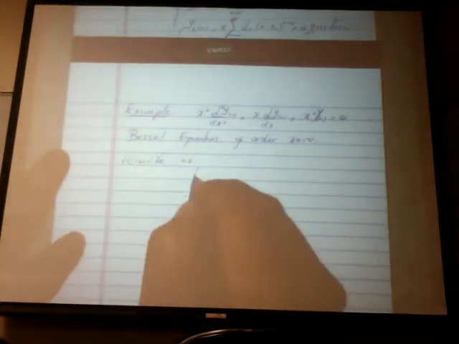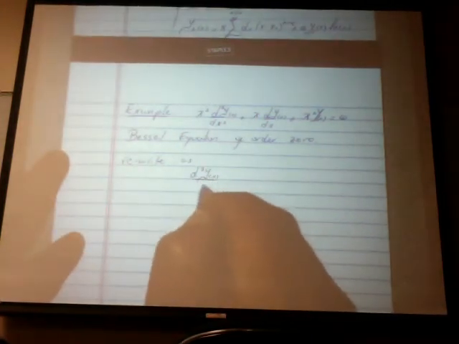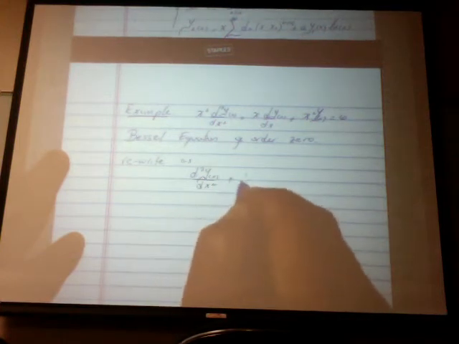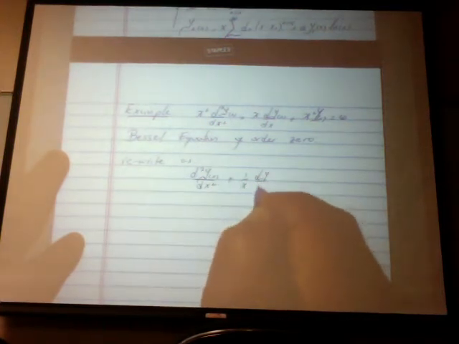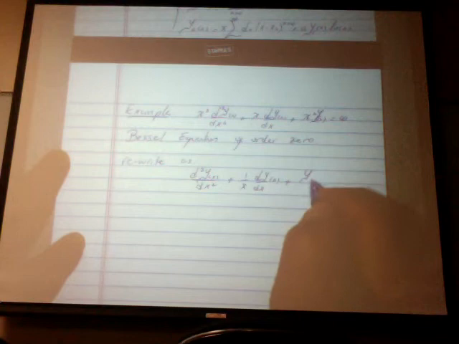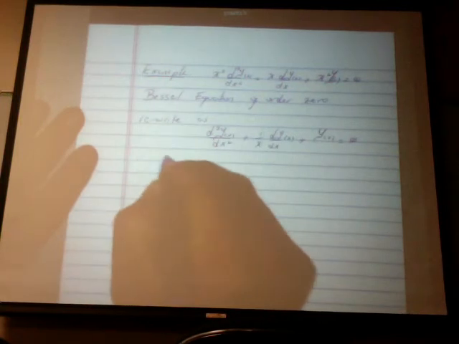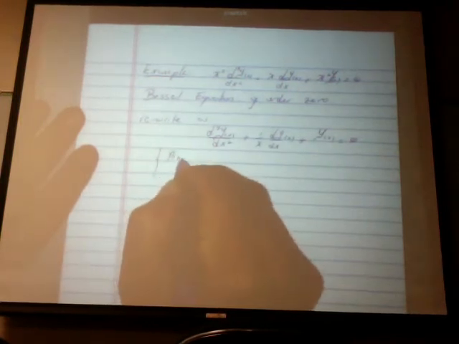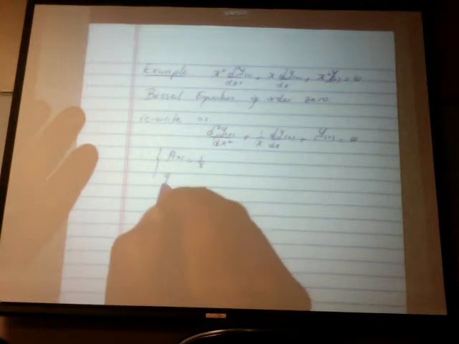But we can rewrite. We can divide everything by x squared. And notice that p of x is equal to 1 over x, and q of x is equal to 1.